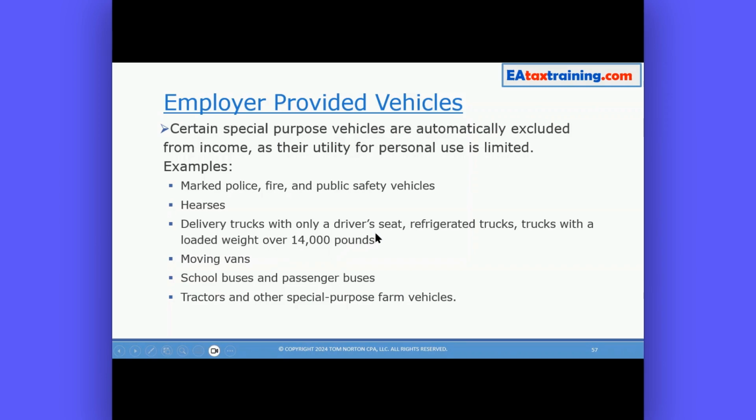They only have a driver's seat, or they're refrigerated, or they're trucks with a loaded weight of over 14,000 pounds. Any types of those delivery trucks would be excluded. Moving vans, school buses and passenger buses, tractors, and other special purpose farm vehicles. So if any of those type of vehicles, you don't have to include any amount in the employee's pay for personal use.